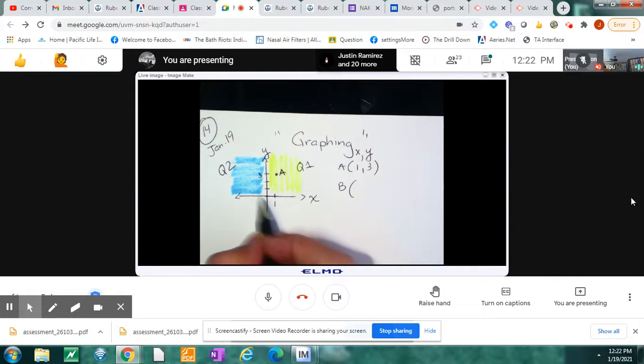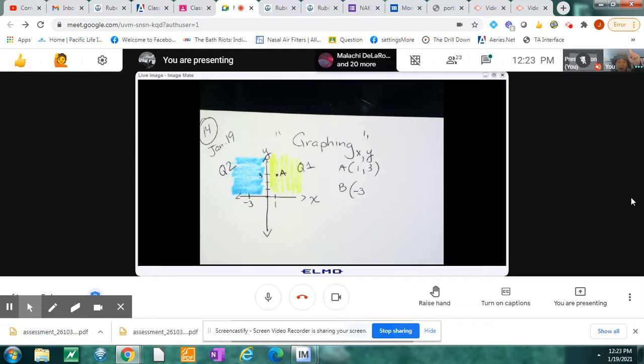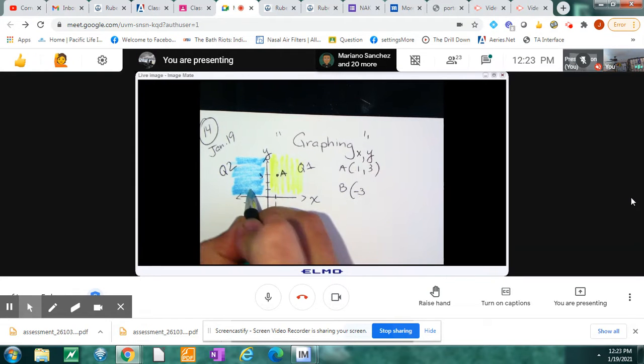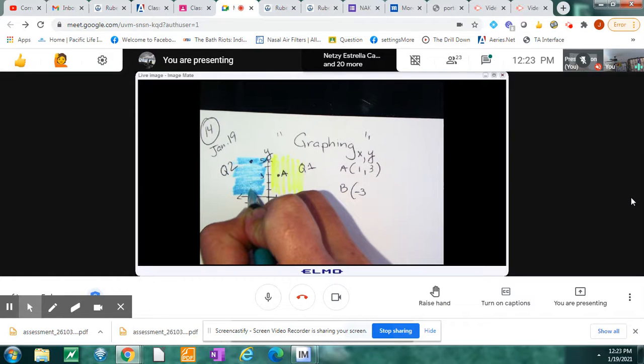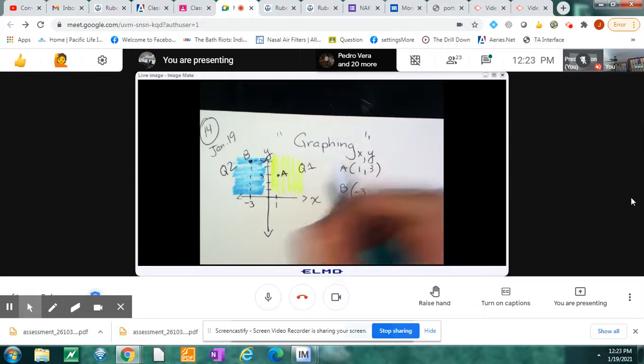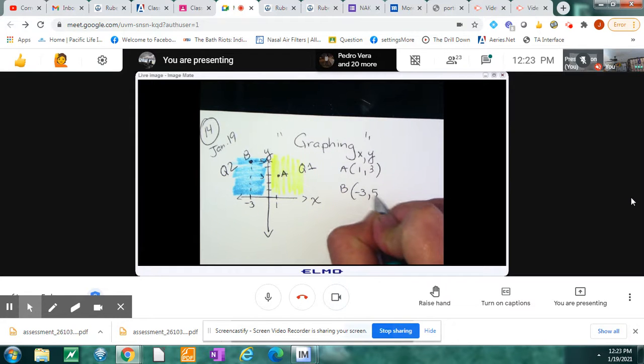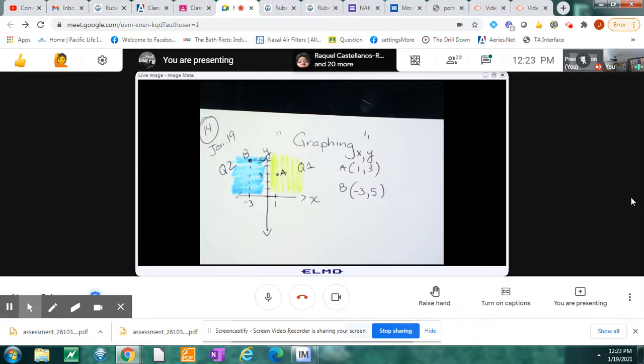So let's do -3, and then I go up, which is positive. So -3, comma 5. 1, 2, 3, 4, 5. So that's your B. -3, comma 5. That is quadrant 1 and quadrant 2.